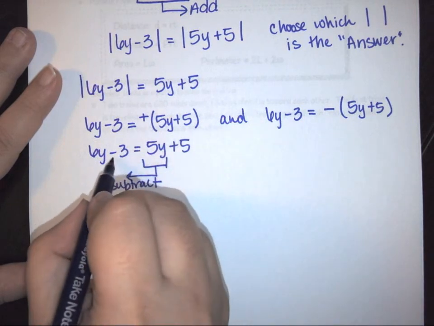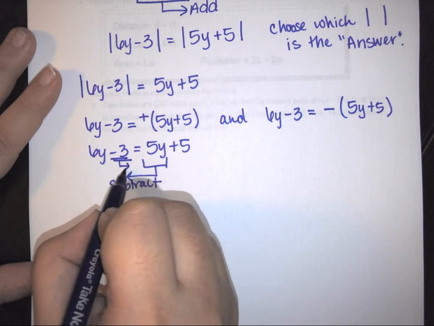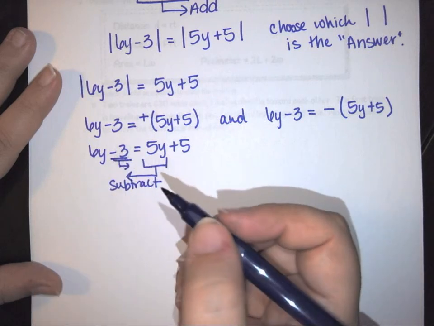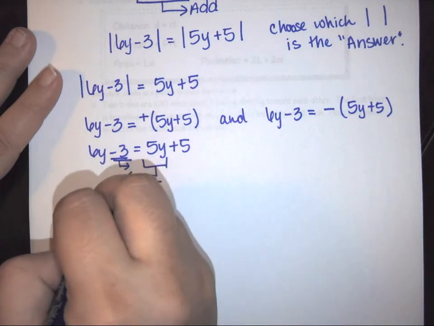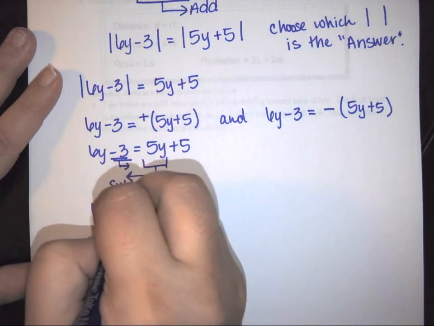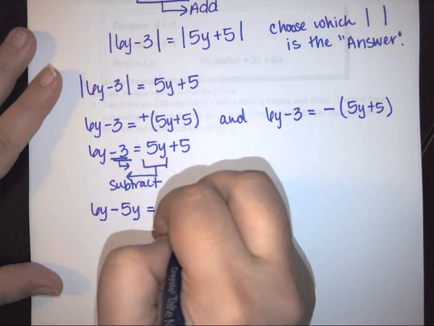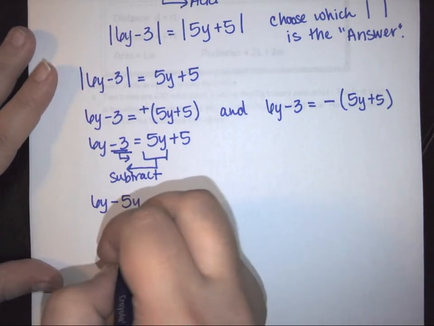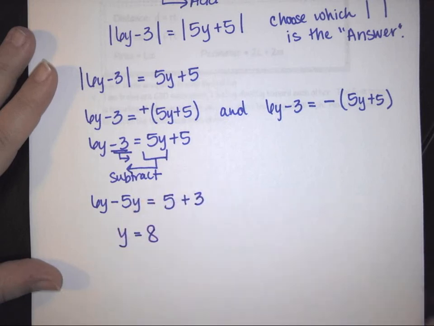That means I'm then going to take this negative 3 part and move it over. Since it is negative, to move it says I have to add. So I have 6y minus 5y, and then I have 5 plus 3. 6y minus 5y leaves me with y. 5 plus 3 is 8.